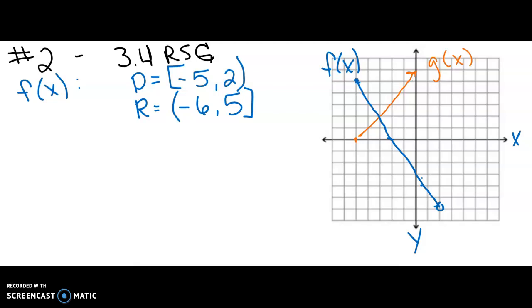The next question is, is this function increasing or decreasing? When I look at the blue line and I move from left to right, I can see that I'm going down, down, down. So this function is decreasing on its entire interval.